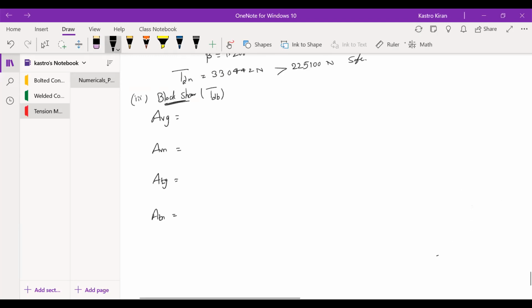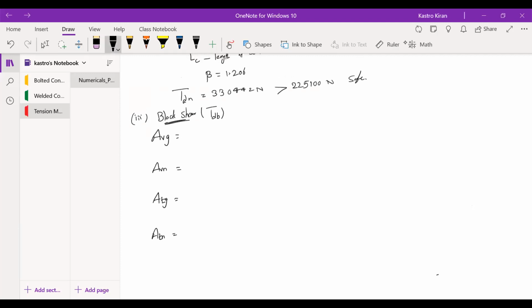Now let's find out. I'll draw the diagram here for your understanding. I'll just draw the bolts, that will be sufficient enough: 1, 2, 3, 4, and 5. Right?